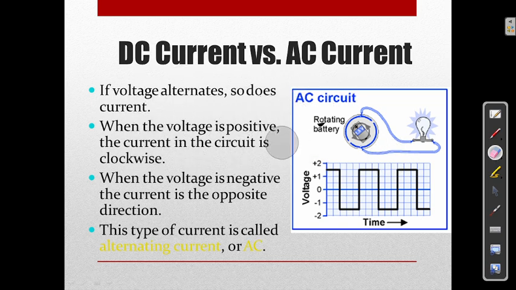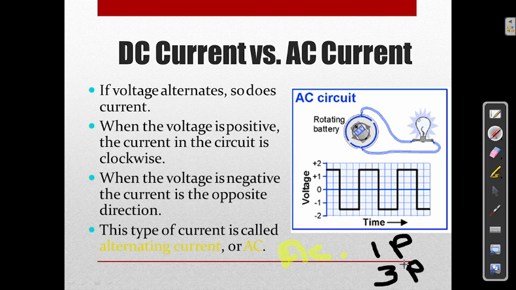It is directly opposite to direct current. This type of current is what we use in our home and also in industry. In AC current, there are two types. The first one is single phase and another one is three phase.